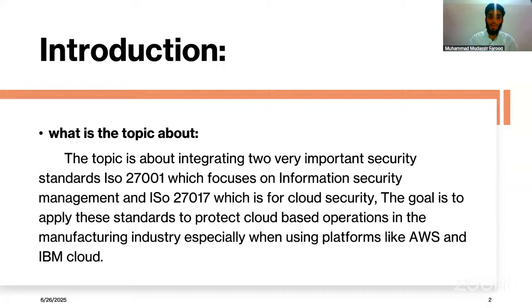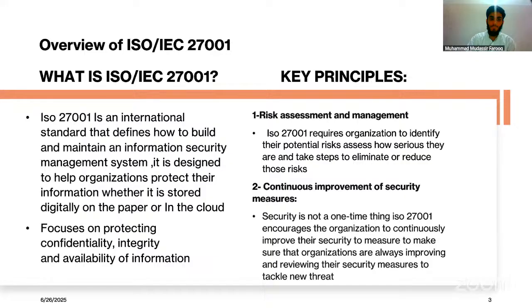The topic is about integrating two very important security standards, ISO 27001, which is for implementing the ISMS, and 27017, which is all about cloud security. The goal is to apply these standards to protect cloud-based operations in the manufacturing industry, especially when using platforms like AWS and IBM Cloud.